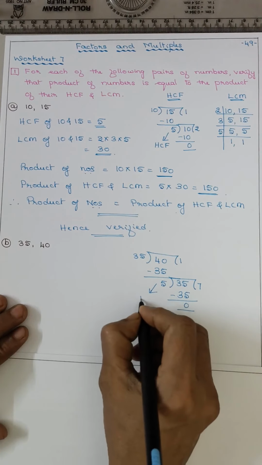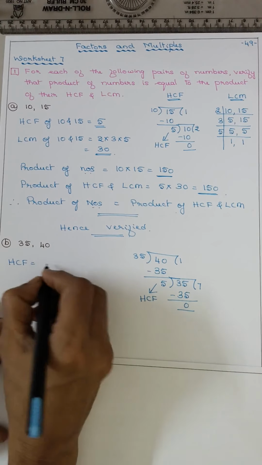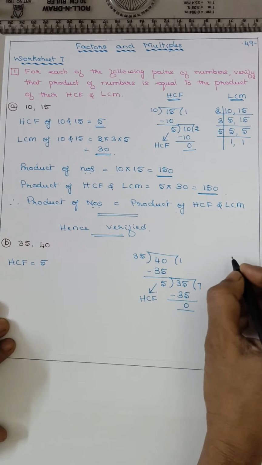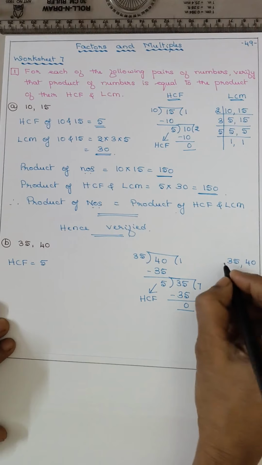So you got HCF to be 5. And LCM of 35 and 40.